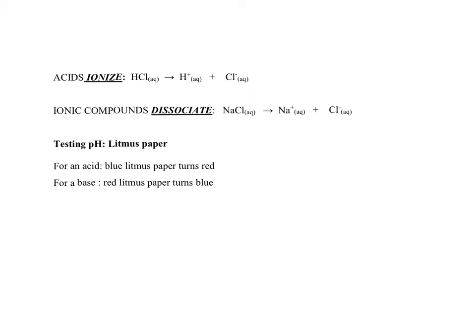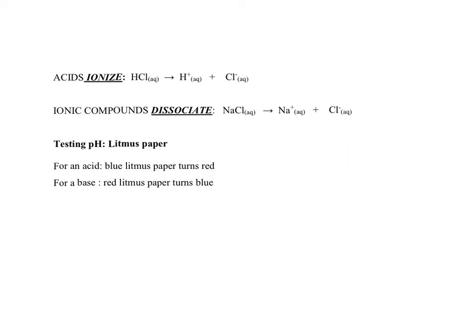So we say they ionize, whereas ionic compounds dissociate. They are ions bonded together, so when you dissolve them, they dissociate into their ions because they were already ions. So acids ionize because they're covalently bonded initially. Ionic compounds dissociate because they are ions already bonded together.